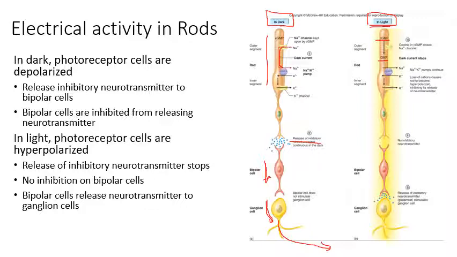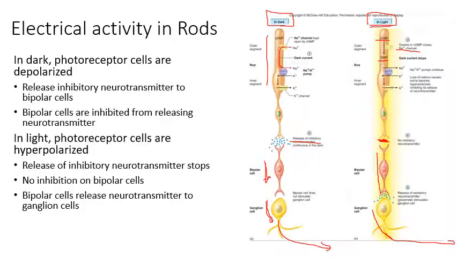That will result in closing of the sodium channel. Now the photoreceptor is hyperpolarized. Now it is not sending that inhibitory neurotransmitter. Now these bipolar cells are free to signal to the ganglion cells, and then the ganglion cells will ultimately send that information back to the brain.